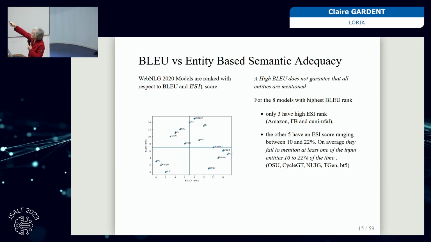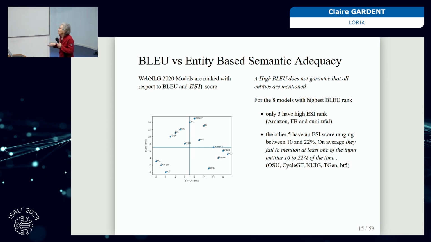And so what you see is that, of the 8 models that have the highest BLEU rank, only 3 have a high EBSA rank. So that means even though they have a high BLEU score, they still omit. Only 3 of these 8 models have a reasonable level of omission. The other 5 have an EBSA score that ranges between 10 and 20%. So on average, they fail to mention at least one of the input entities 10 to 22% of the time.